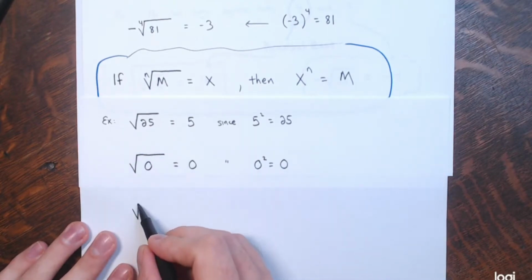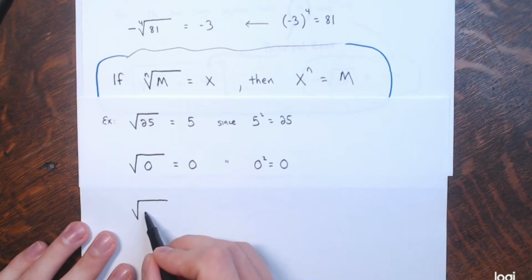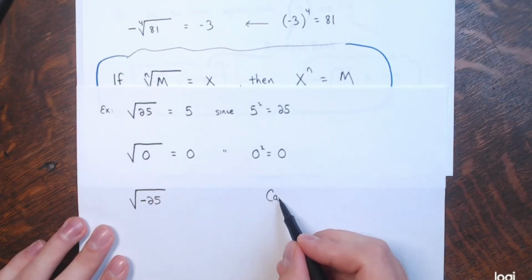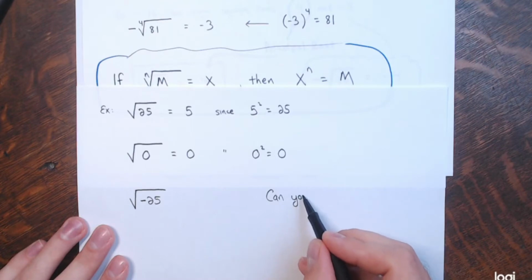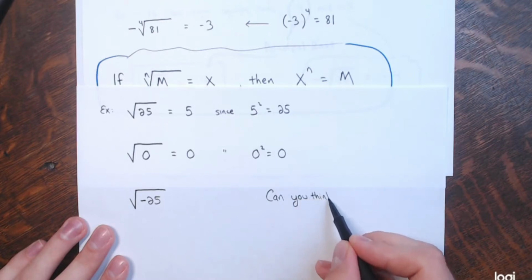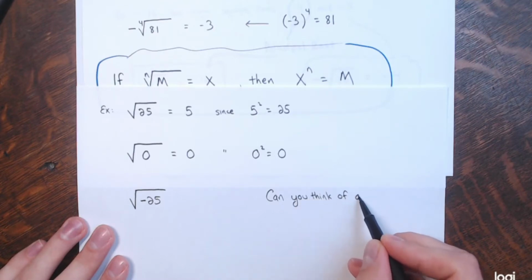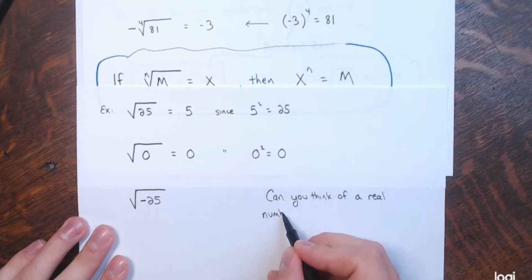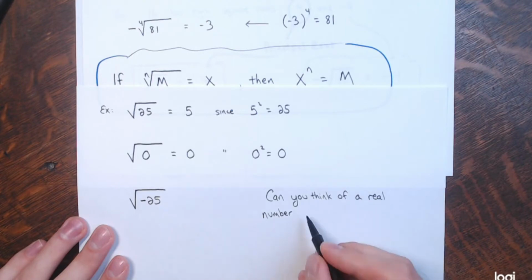What about negative numbers? What if the radicand was negative? How about the square root of negative 25? Wow. Can you think of a real number whose square is negative 25?